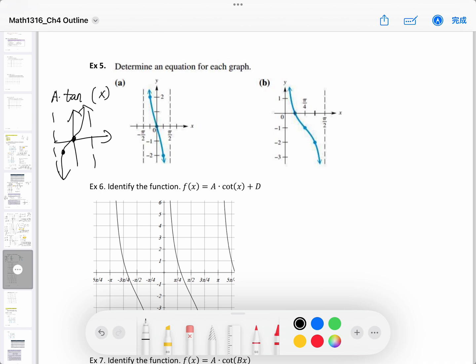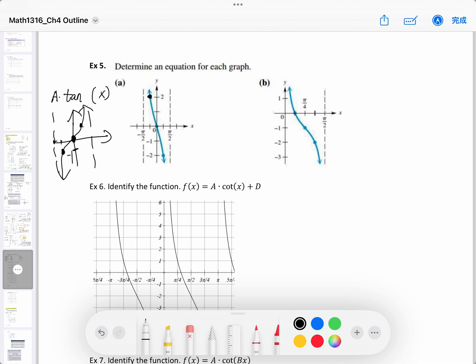In the first quarter, the x value is negative pi over 4, y's value is -1, and at the middle point, the second quarter, y's value is 0, and the third quarter, y's value is positive 1.